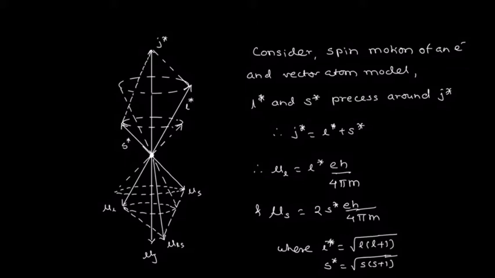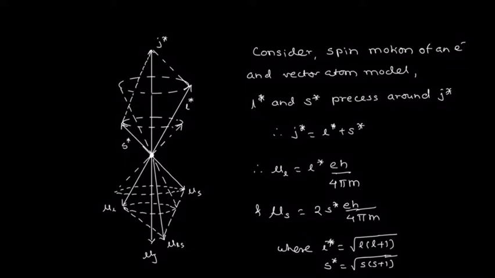Mu L is equal to L star eh divided by 4 pi m, where L star is equal to the root of L into L plus 1. Similarly, the magnetic moment due to the spin motion of an electron is twice S star eh divided by 4 pi m, where S star is the root of S into S plus 1.